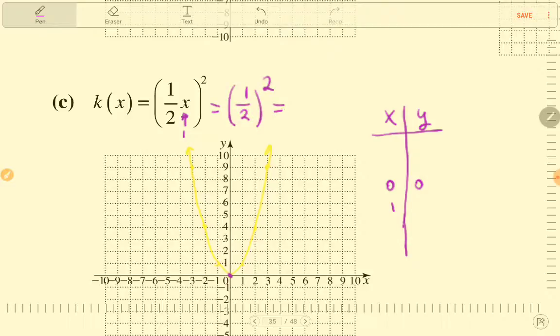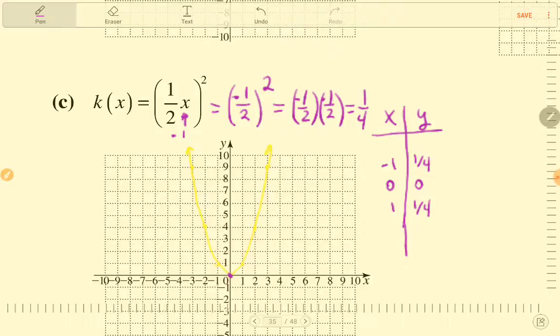And then square that, 1/2 times 1/2, multiply straight across, and you get 1/4. Same thing's going to happen if I plug in a -1, because then I'll have a -1/2 squared. And when I do -1/2 times -1/2, I'll get a +1/4.